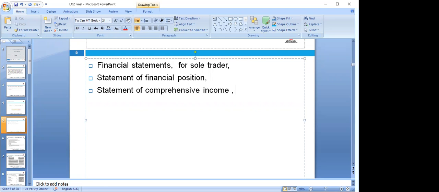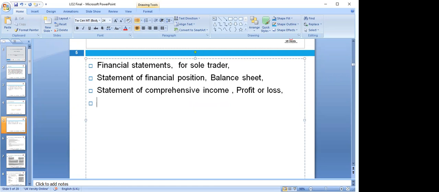Normally, as a sole trader, you don't need to thoroughly apply IAS 1, International Accounting Standard 1. So we prepare a profit or loss account and the financial position, we can say balance sheet. That's the key which we need to look around.